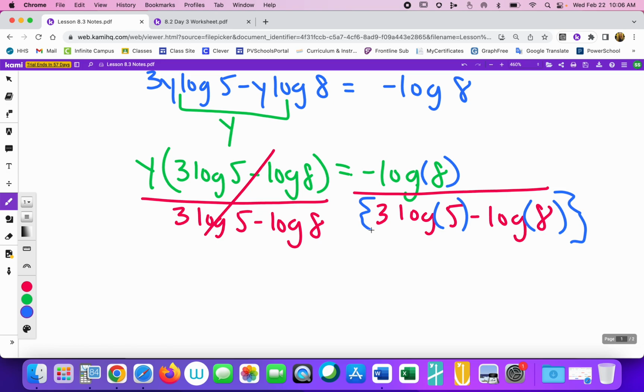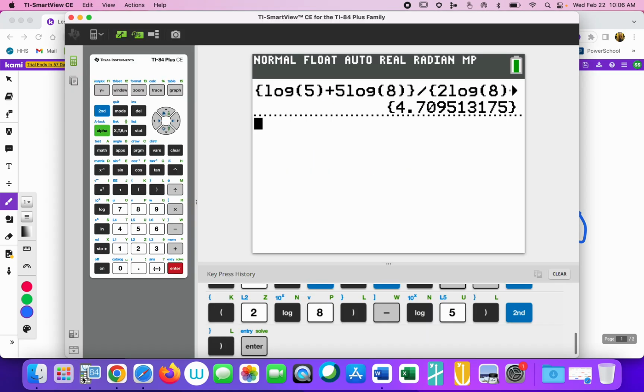Technically, the numerator doesn't need them because there's only one thing up there. But it's never wrong to put them there when you don't need it. If anything, that's just being extra safe. So if you want to put brackets here, don't forget the negative sign in front of the log. But technically, since there's only one thing in the numerator, you don't need the brackets up there. It's not going to hurt anything though.